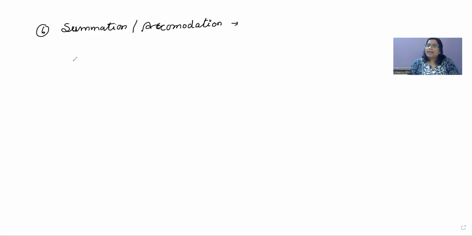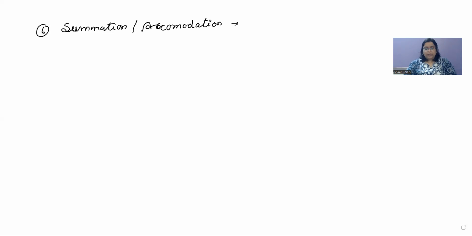It means if we continuously give sub-threshold stimuli, the nerve fiber can sum up or accommodate those stimuli, and when the sum is up to or beyond the threshold level, the action potential will be generated.